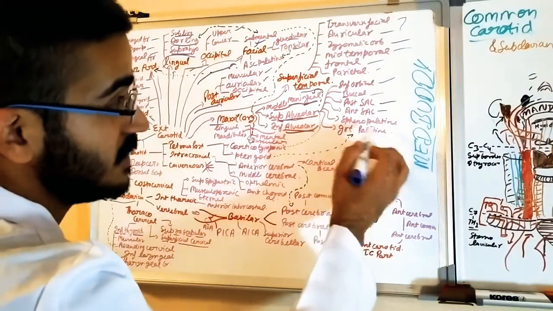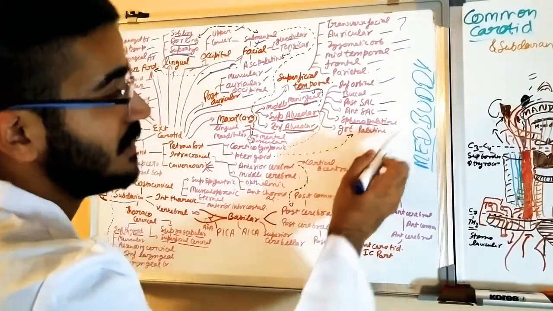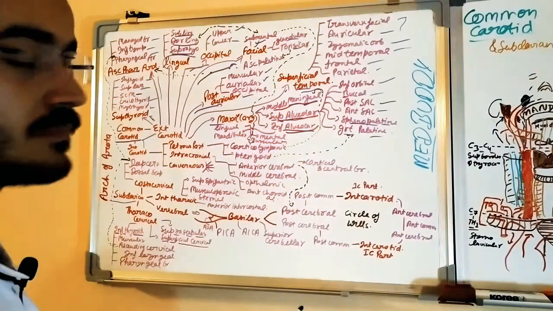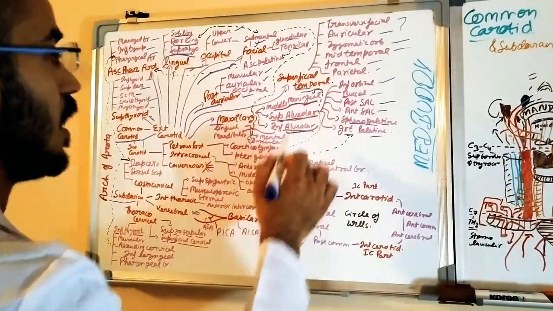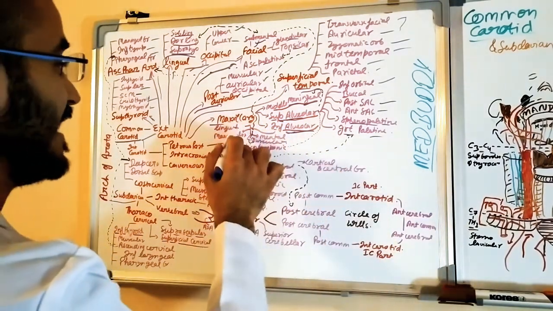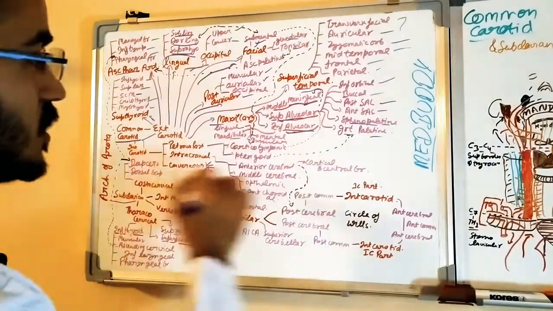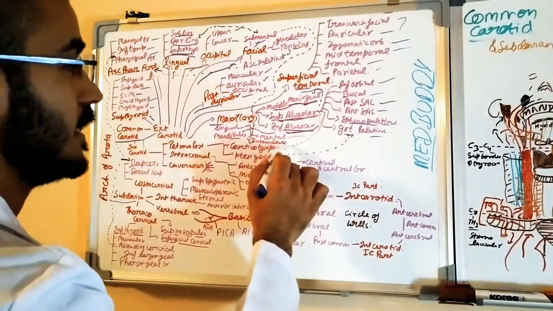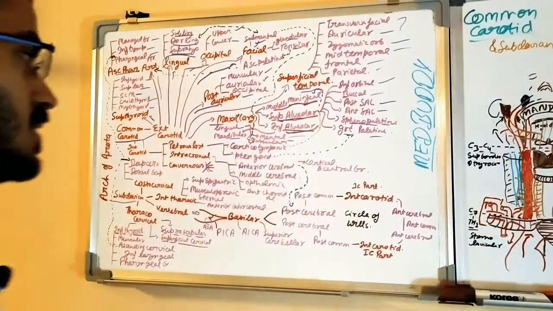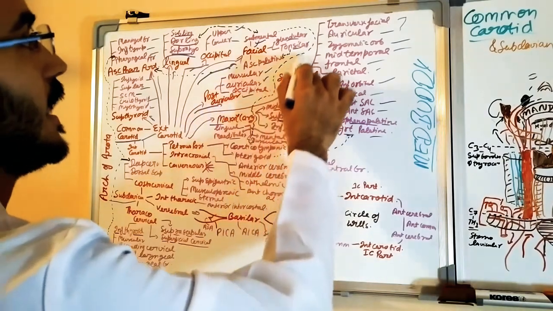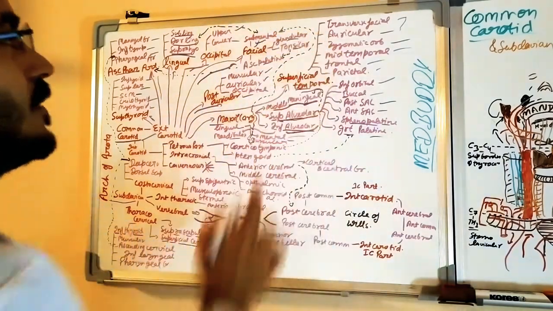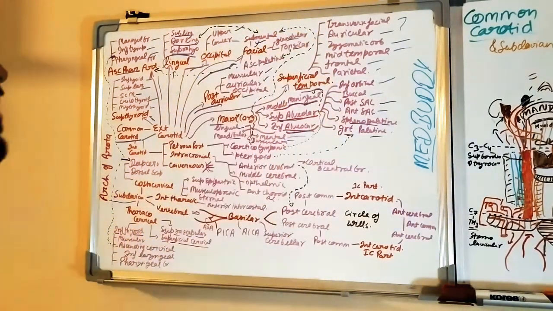And then it gives the sphenopalatine and the greater palatine. From the inferior part, it gives the lingual branch, mandibular branch, mental, and some muscular branches. The muscular branches of it anastomose again with the submental branch of the facial artery.